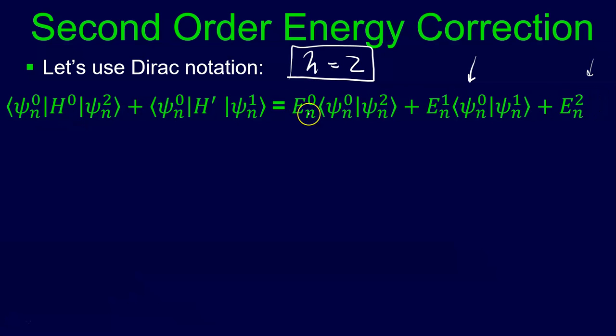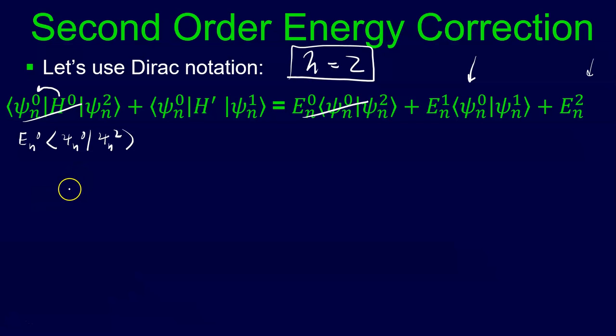We've got more terms than last time, but a couple of them will cancel. Because this is a Hermitian operator, I can act on the bra over here, and that gives me En0. When I pull that constant out front, I get this times that, which is exactly this same piece over here, so this piece and this piece cancel out.